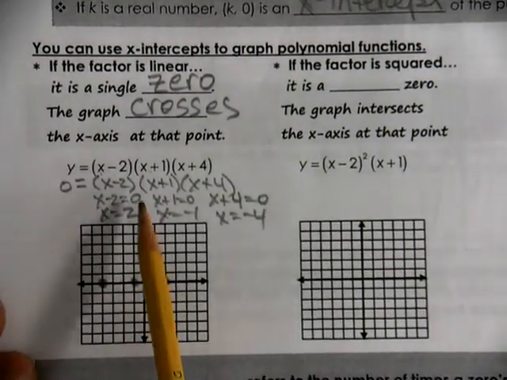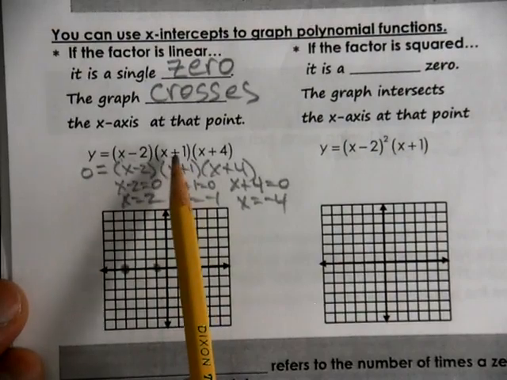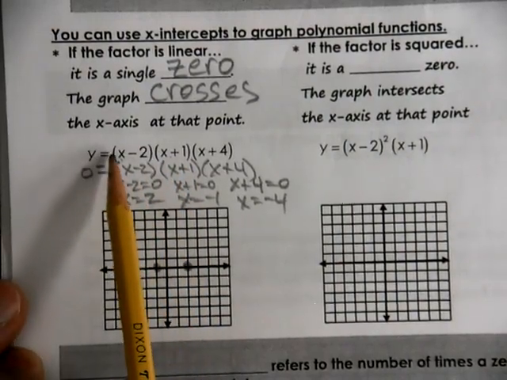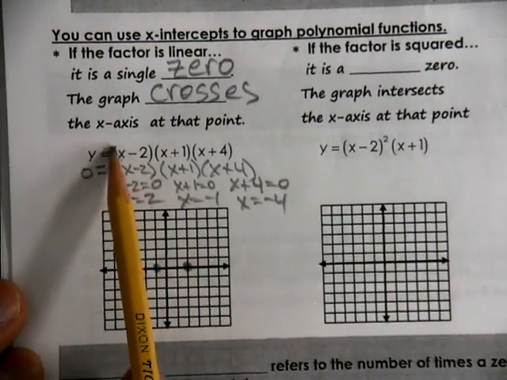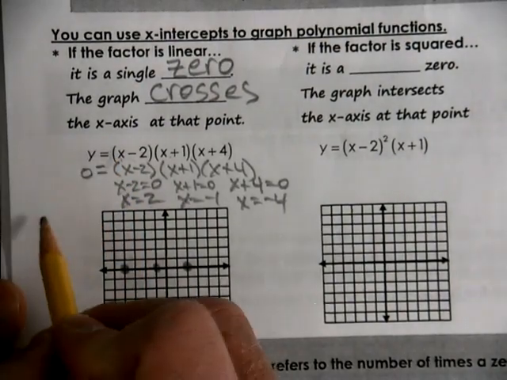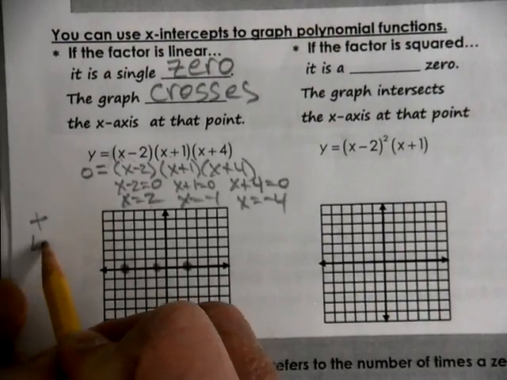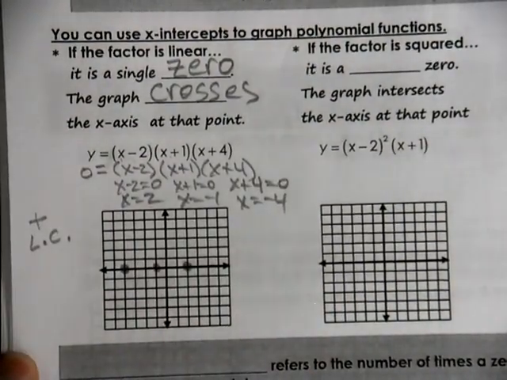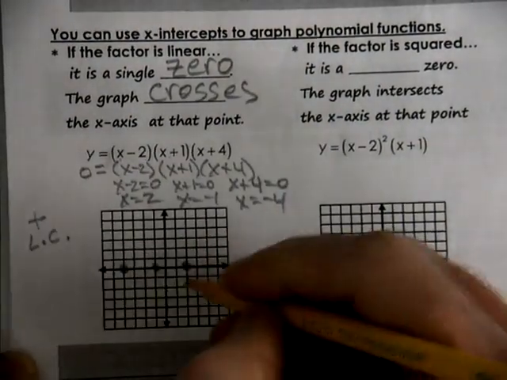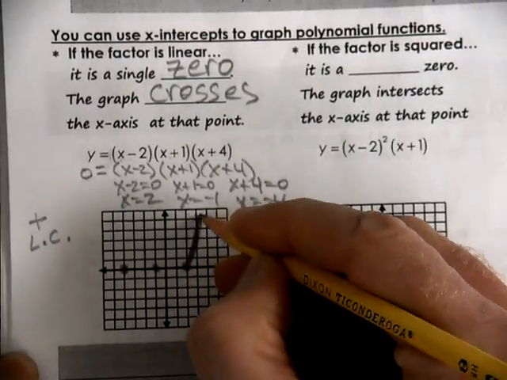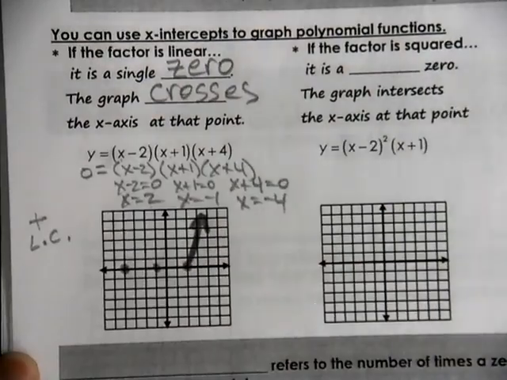Now we're going to use our end behavior. What do we know about a positive? See, there's like a 1 standing in front of here. That's a positive number. There's no negative sign. So this is a positive leading coefficient. If it's a positive leading coefficient, you know this is going to go in a positive direction to the right.